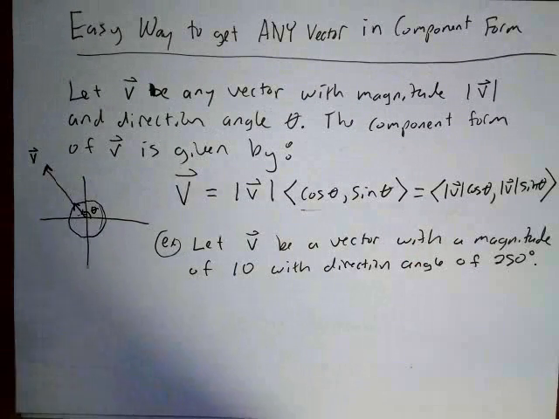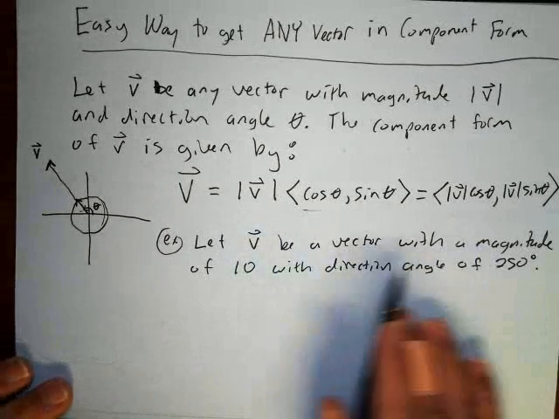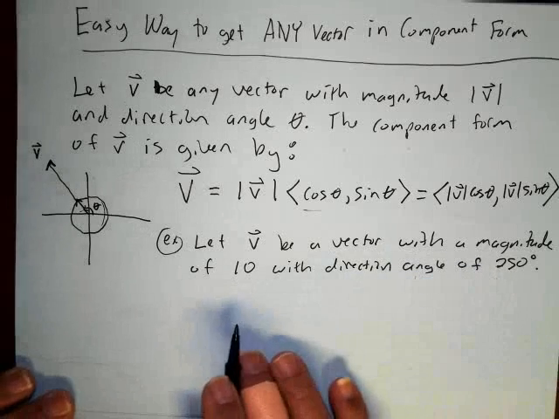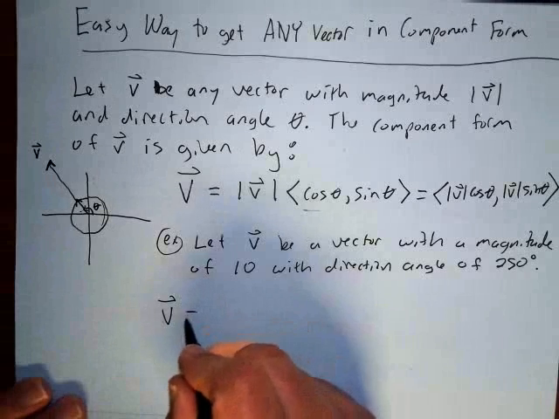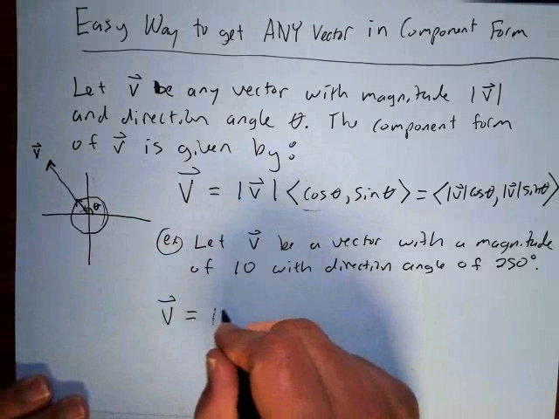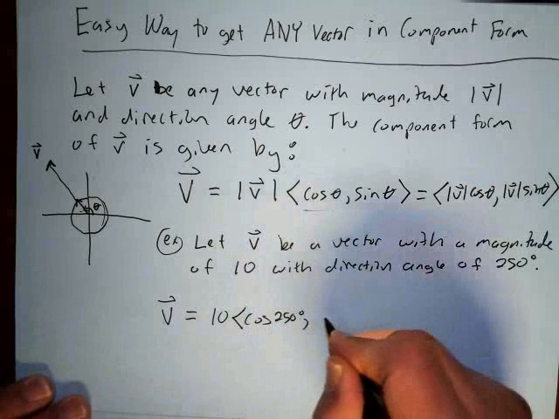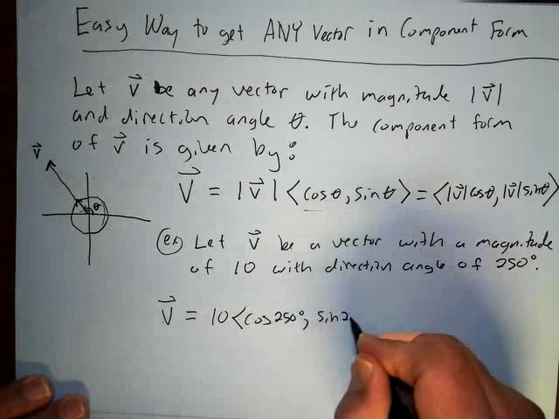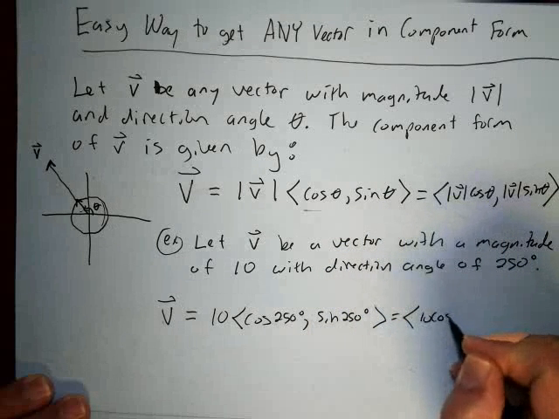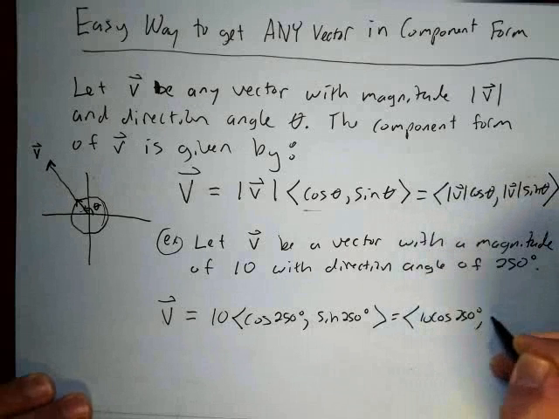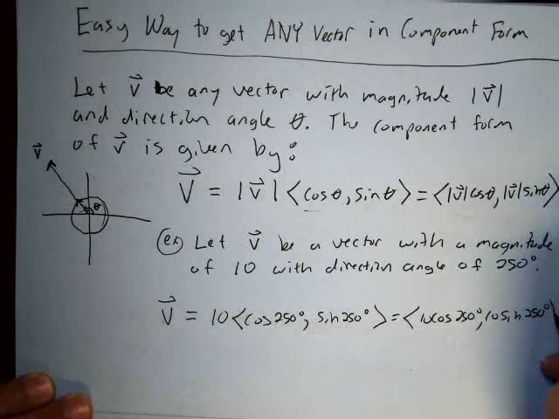So let's try a few examples here. Let v be a vector with a magnitude of 10 with a direction angle of 250 degrees. If I want the component form of v, no problem. I just take 10 times the cosine of 250 degrees and 10 times the sine of 250 degrees.